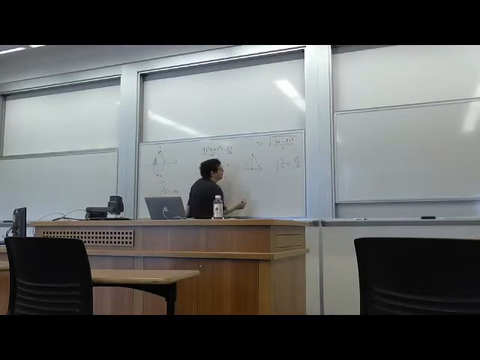So let's call this p, and this is 2p, and this is the square root of 3 times p. And so the area of this triangle is 1/2 the base, which is 2 times the square root of 3p, over 2.